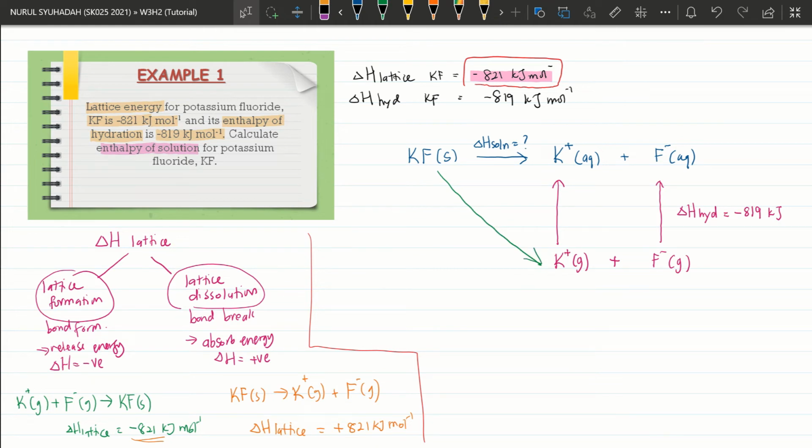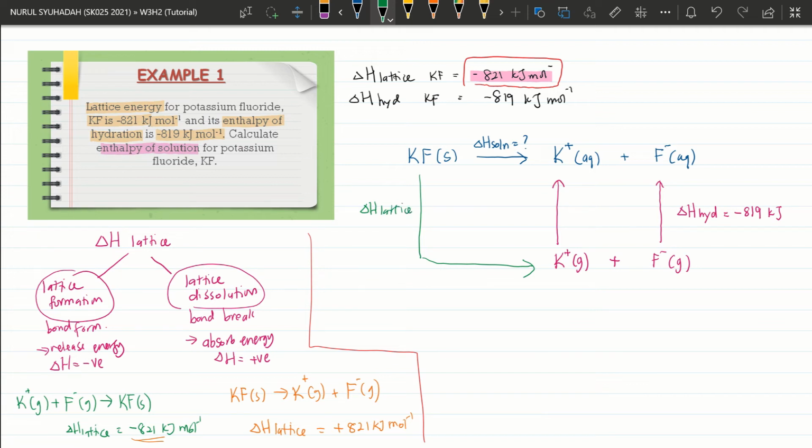Okay, it must be downwards. So depends if you want to do the arrow like I do just now or if you want to do it like this. Okay, both are accepted. Either one which is easier for you, and then label this as your delta H lattice.